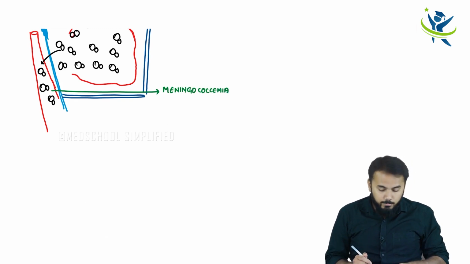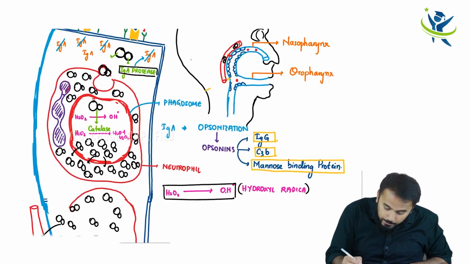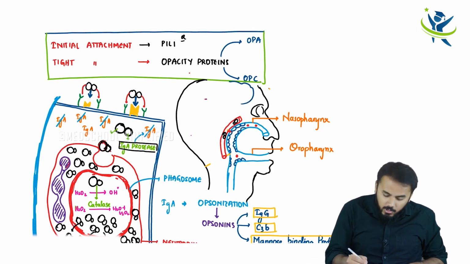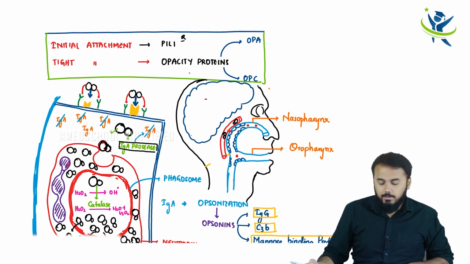Now look, one more thing. Bacteria is exactly here. So you have got a brain here. Obviously all of you have got your own brains, right? What if this bacteria will travel a very short distance and enter into the brain?